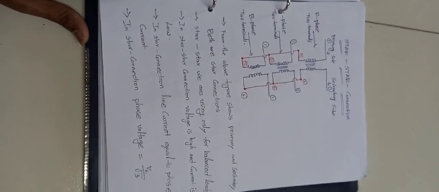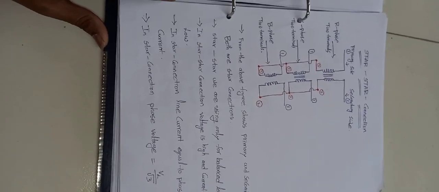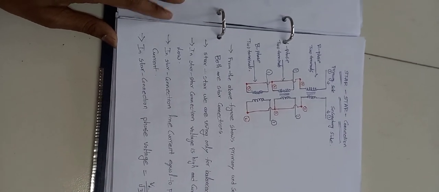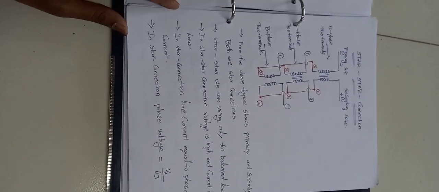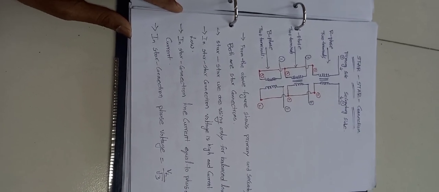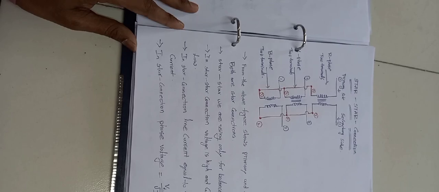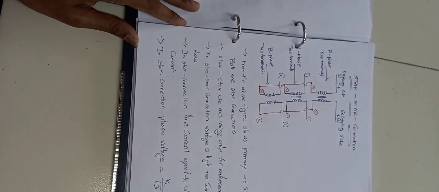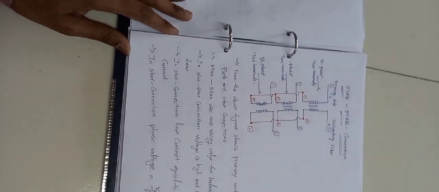Those four types of connections we are going to discuss in the control panel: how we connect star to star, star to delta, delta to star, and delta to delta, and how we get the output voltage values. We can get voltage values as well as current values and power values, but according to our experiment in our tabular column we are going to take only voltage values here.